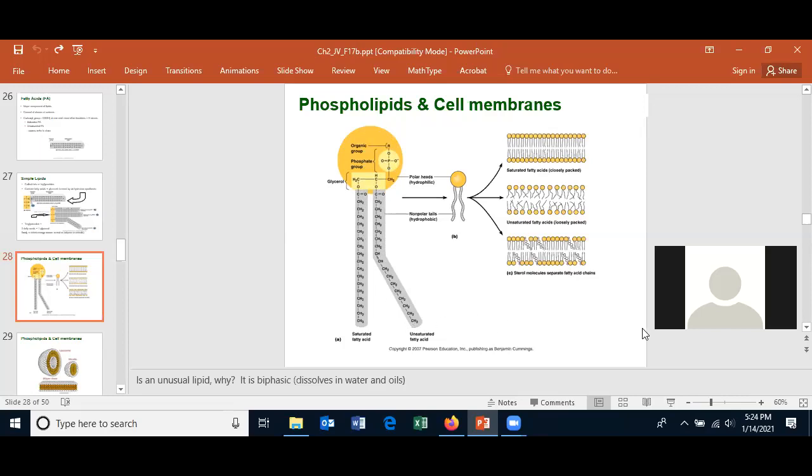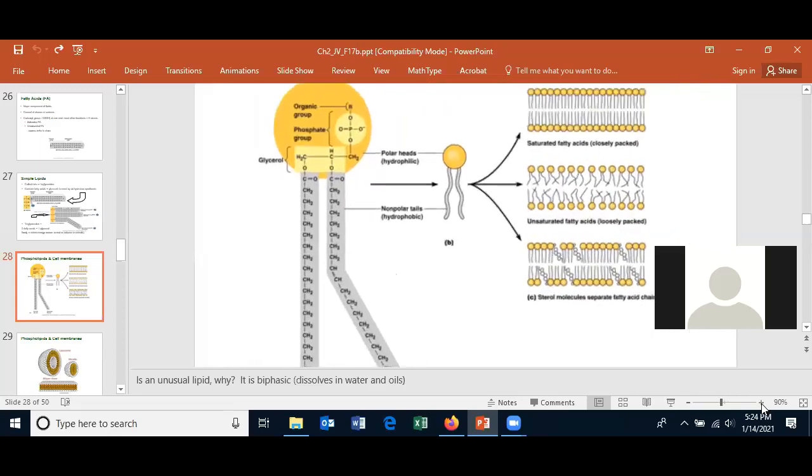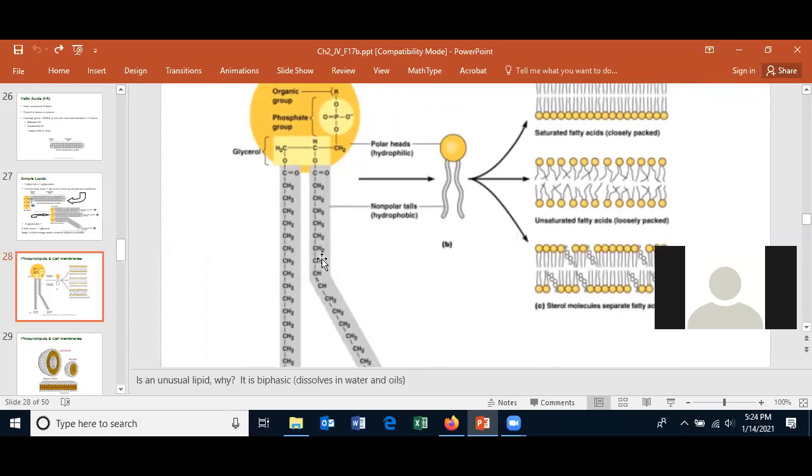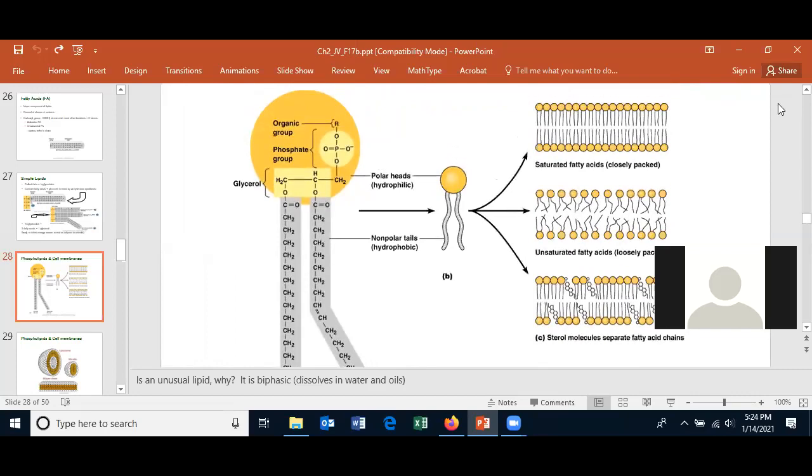You'll notice this tail is the fatty acid portion of the molecule, and the head portion has a phosphate group. Well, the fatty acid portion of the phospholipid dissolves in lipids. It is nonpolar, hydrophobic. Okay, any question about that?